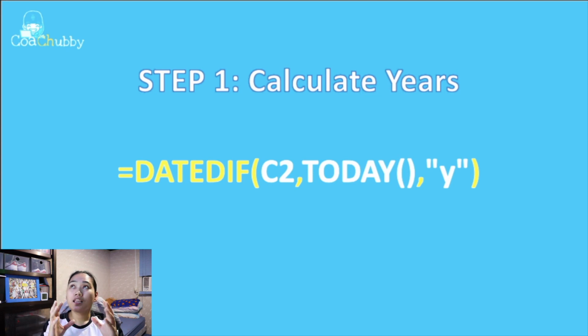And TODAY, with the open and close parentheses, is basically telling Excel that we want the basis for the end date to be the date today. And the third part is a quotation, open and close quotation marks, that is Y, because we want to show the years. If we want to use M, that would be the months, D for the days. So that is how the formula is comprised of three parts.